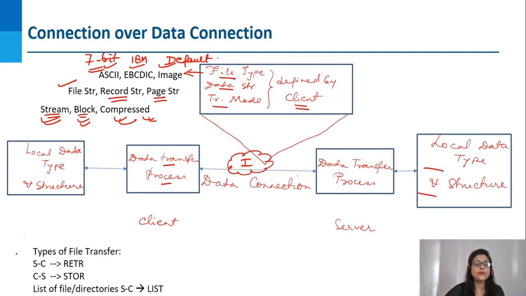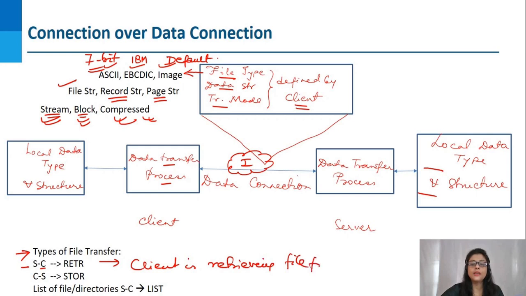Now there are different types of file transfer possible. One is from the server to the client. Here the client is retrieving a file from the server, and in order to do so, it uses the RETR command. Then we have the client to server.